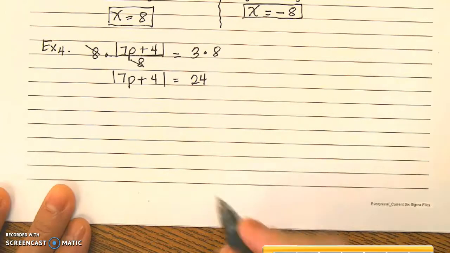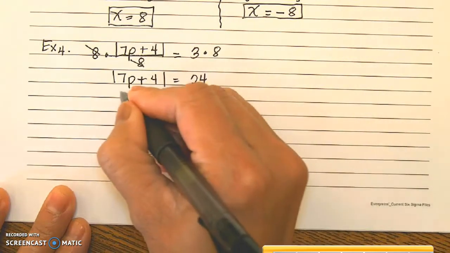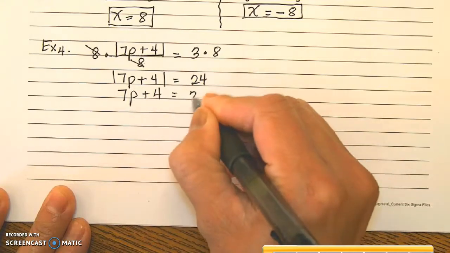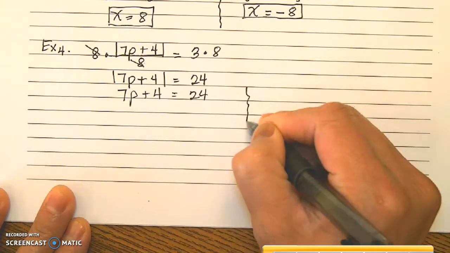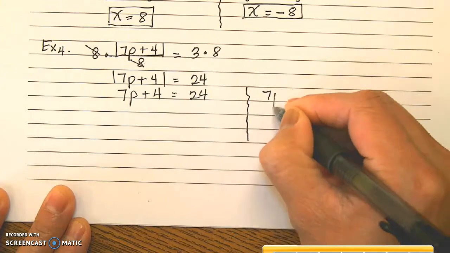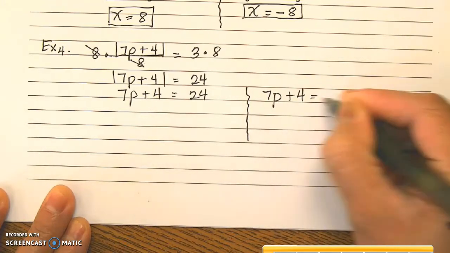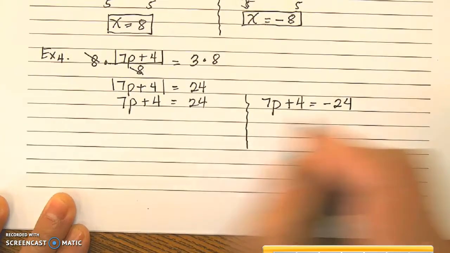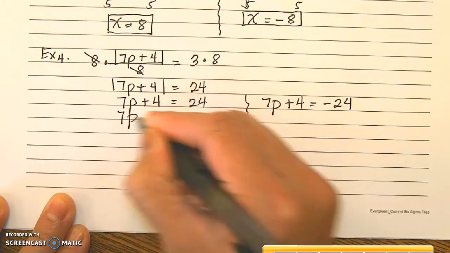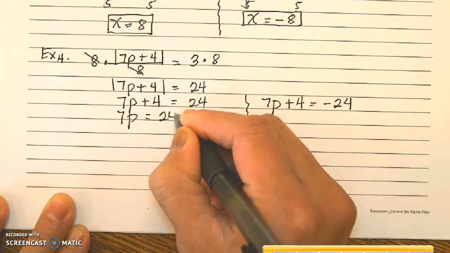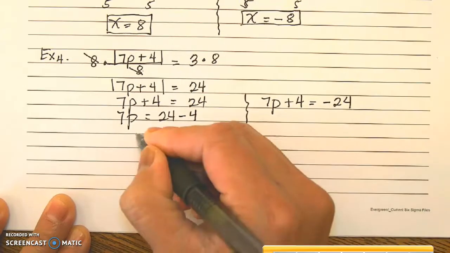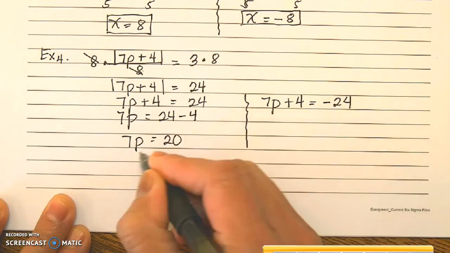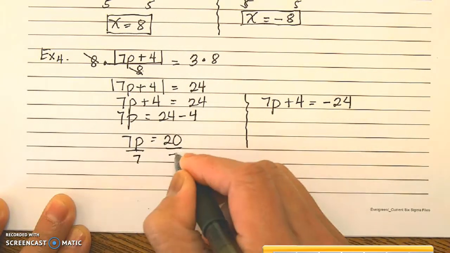So let us begin. This now becomes 7p plus 4 equals 24. You have two sides of it, so 7p plus 4 equals negative 24. This is 7p equals 24 minus 4. That is 7p equals 20, so p is 20 over 7.